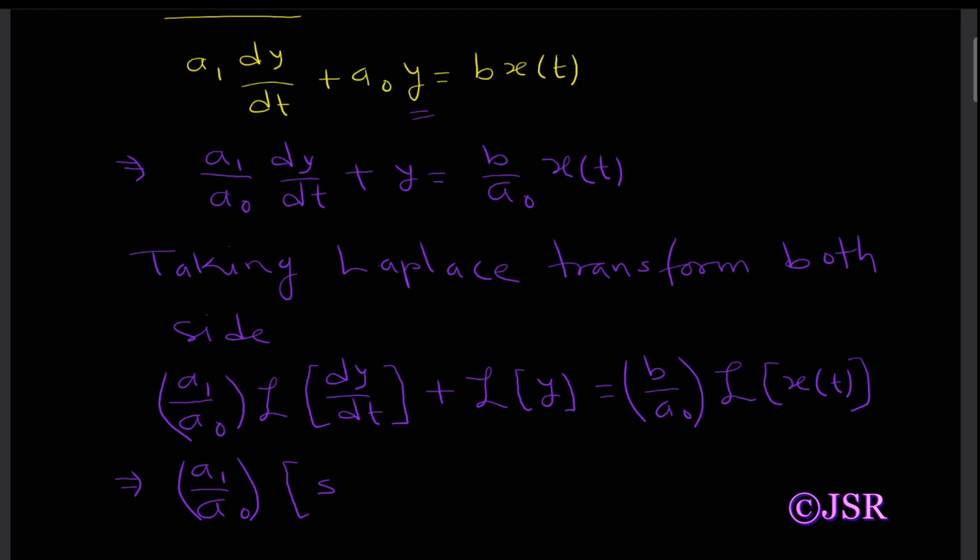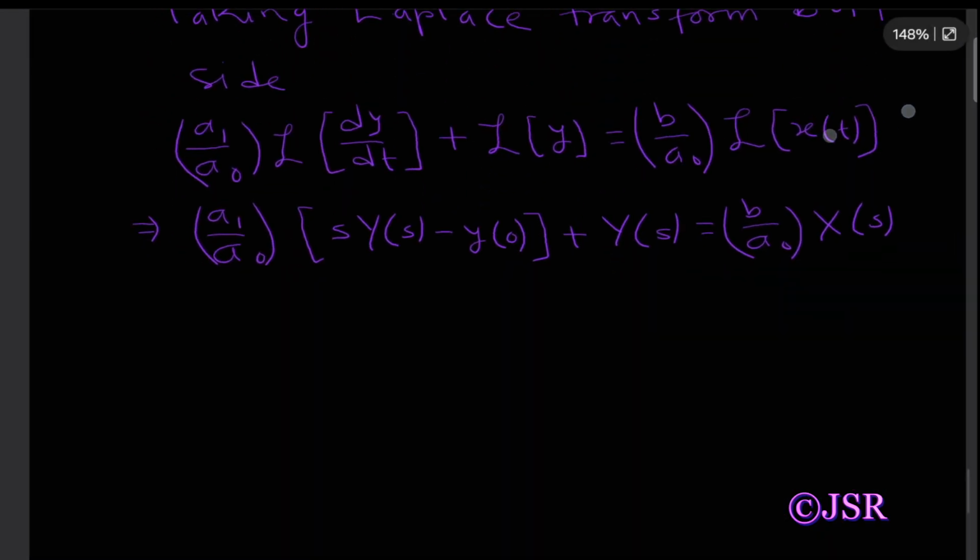Here we will get s y of s minus small y at t equal to 0 plus y of s equal to b upon a naught capital X of s.